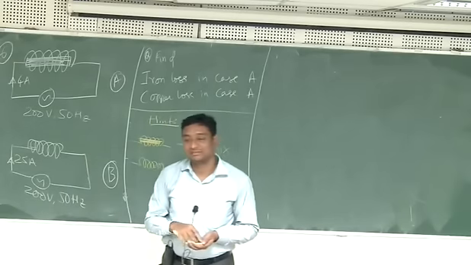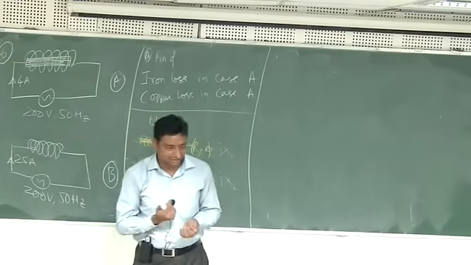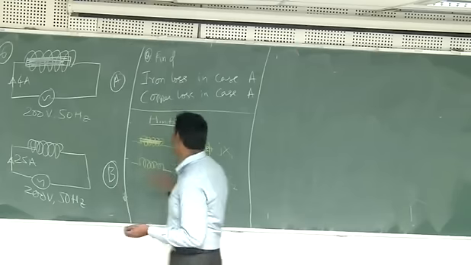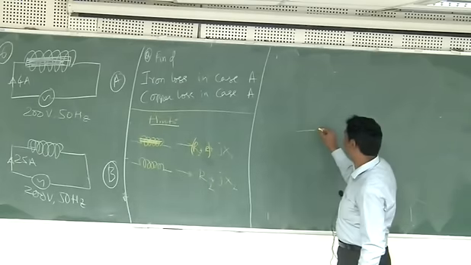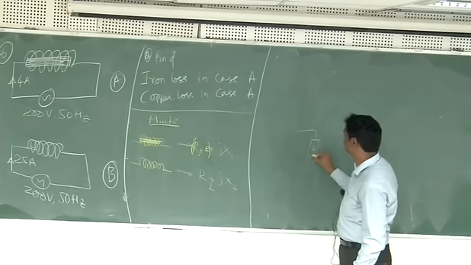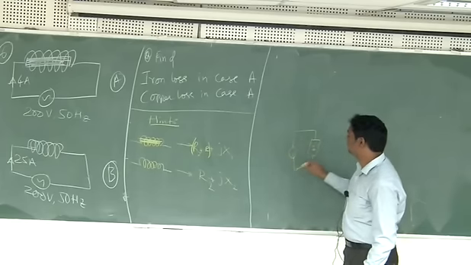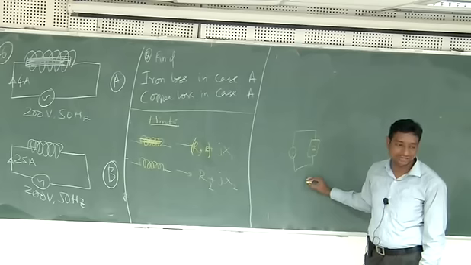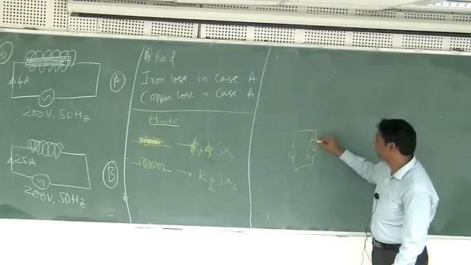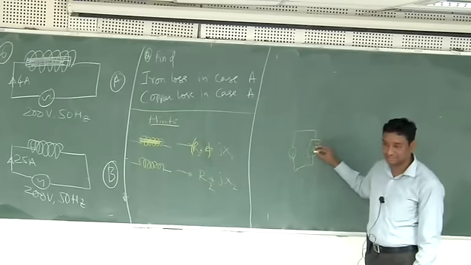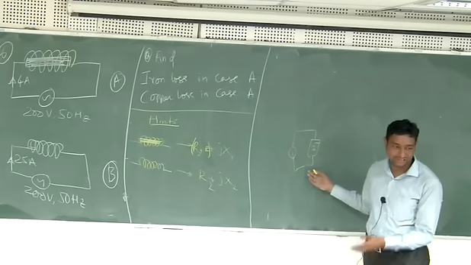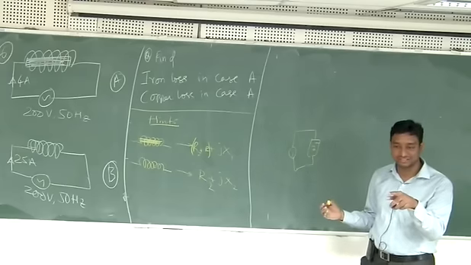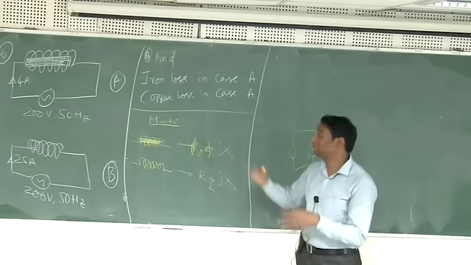Now mathematically, how do you want to represent the iron loss? I want to draw a circuit like this, with impedance. Here, this is the electrical circuit. I don't want to draw the iron bar in this. This is an electrical circuit. There should be some variable to account for the magnetic losses.